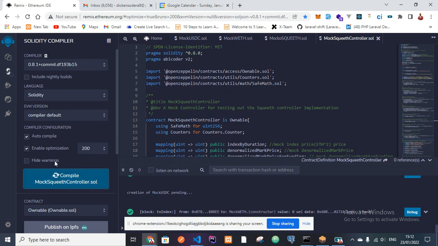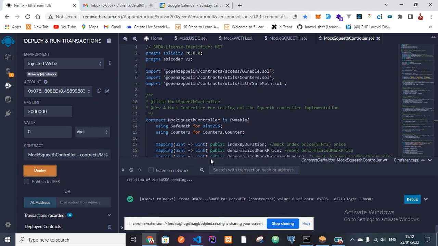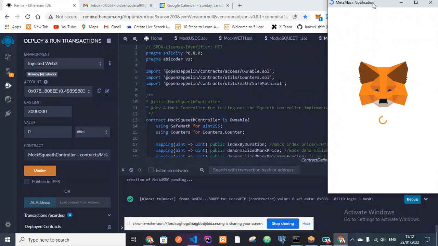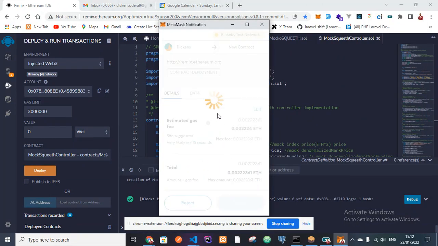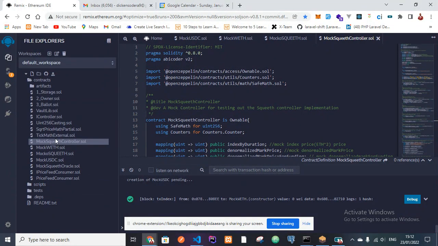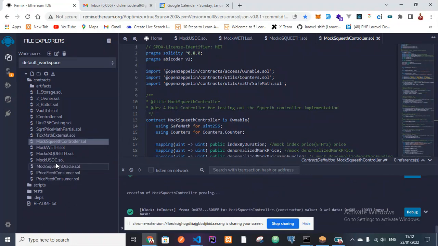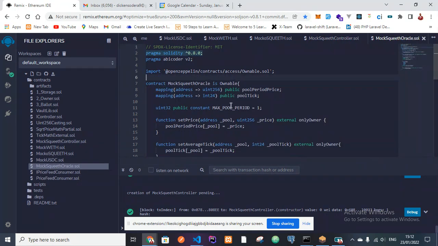So it is auto compiled. Then let's deploy that. Then also let's compile the mock oracle, which we'll be creating.